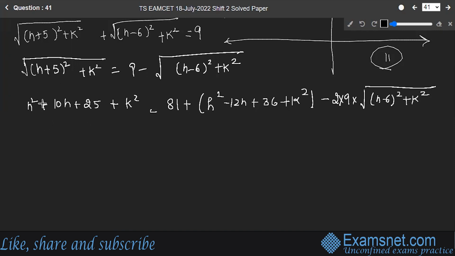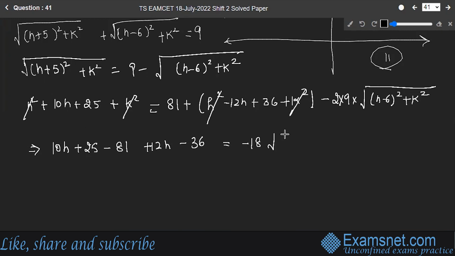So here, this h square and k square will get cancelled. You will get 10h plus 25 minus 81 plus 12h minus 36 is equal to minus 18 root of (h minus 6) square plus k square. Now let's solve.